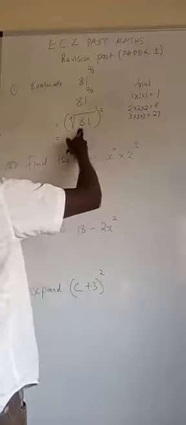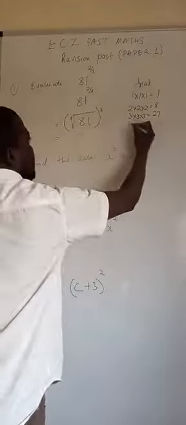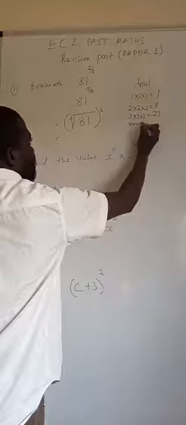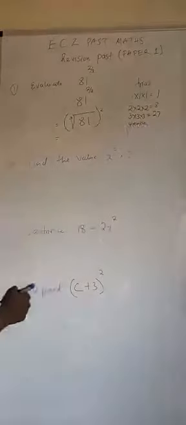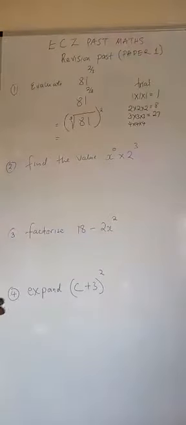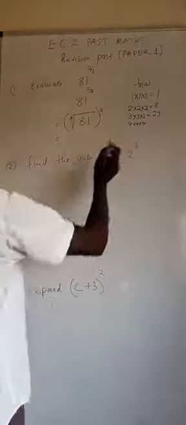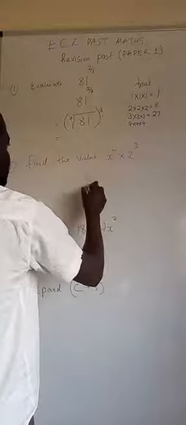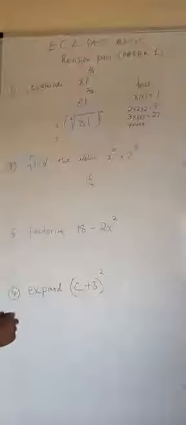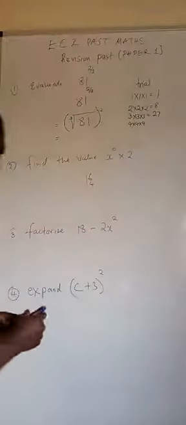Is it 81 in here? No. I go to the 4th number. 4 times 4 times 4. 4 times 4, 16. Okay? 16 times 4. What do you have, 16 times 4?